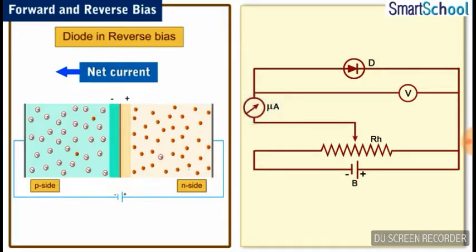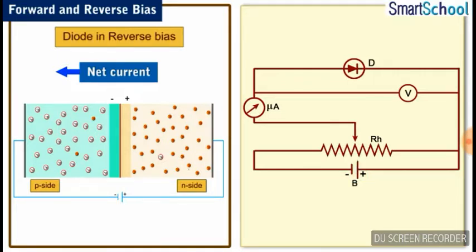The potential difference across a junction is measured using a voltmeter V, and the applied potential difference to the diode can be varied using a rheostat RH. The diode is connected to the terminals of the battery such that its P side is now connected to the negative terminal of the battery, and the N side of the diode is connected to the positive terminal of the battery.